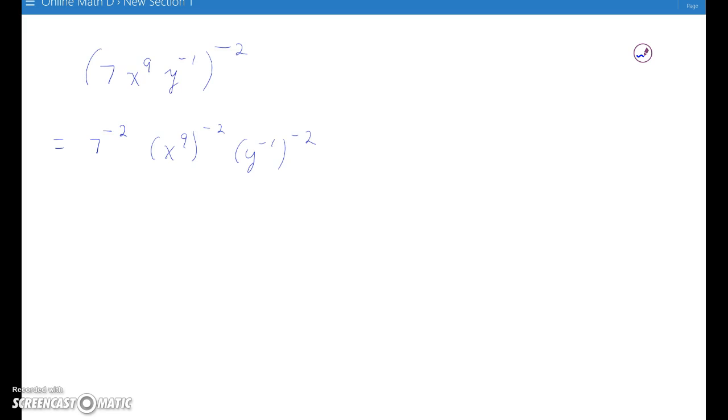You have a lot of properties of exponents, and you can use them in any order. It just depends on how you like to attack this type of problem. I would probably first look at there's a negative exponent here, and I would say this is the same thing as 1 over 7x to the ninth, y to the negative 1, to the power of positive 2, by the properties of negative exponents.